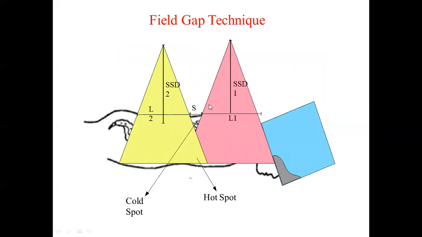And the other technique is the field gap technique. We can use the formula to calculate the separation distance that we have to maintain as the gap on each fraction. These are the components we have to find: L1, the length of the upper spine field, L2, the length of the lower spine field, and SSD1 and SSD2.